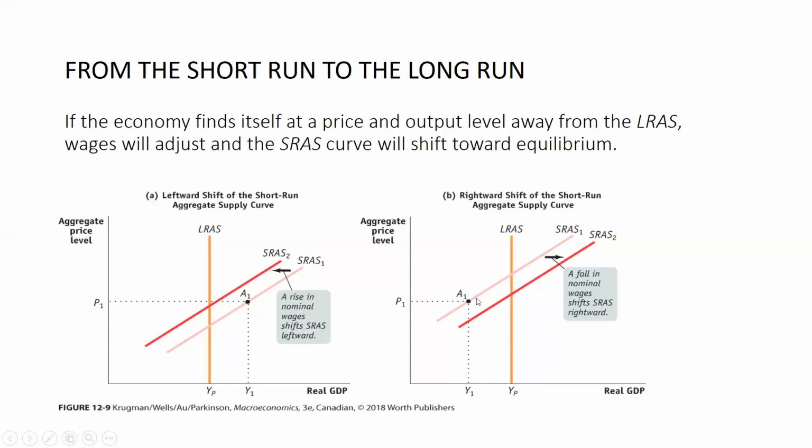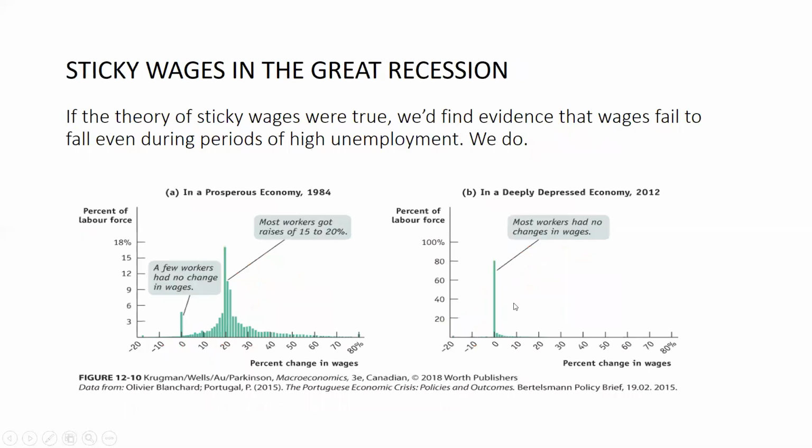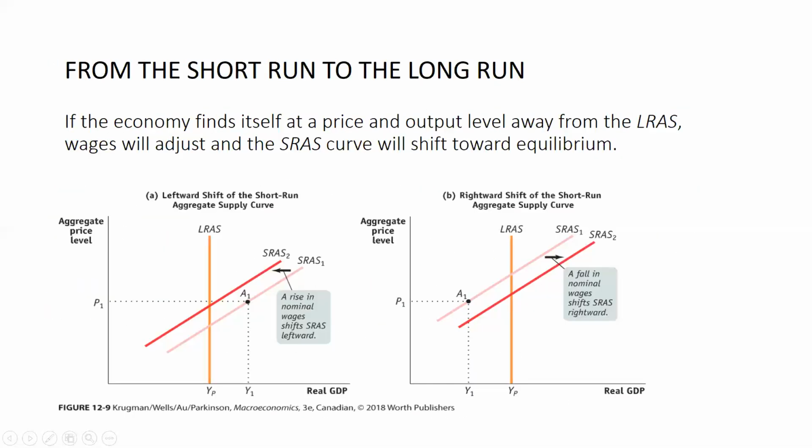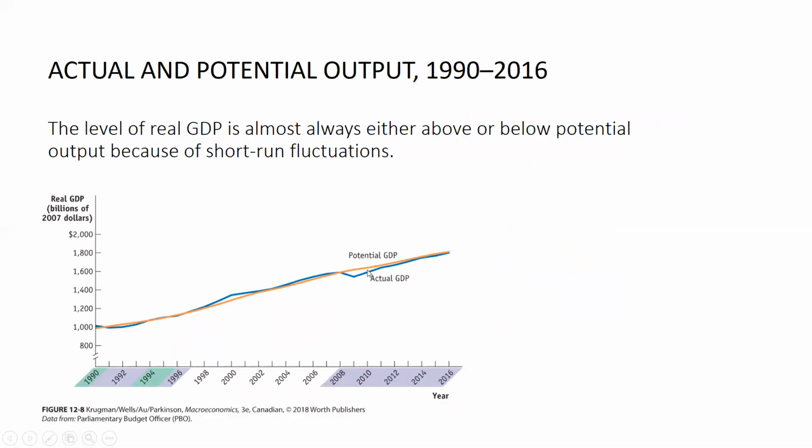This means hiring workers is easy, and so nominal wages go down, increasing profits, and so short run aggregate supply increases until you go back to the long run value. So the wages will eventually adjust and bring us into the long run, but in the short run, we can be away. The actual output can be different from potential output, just like we saw in this graph.